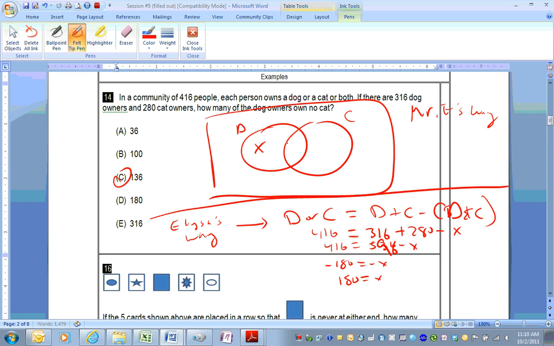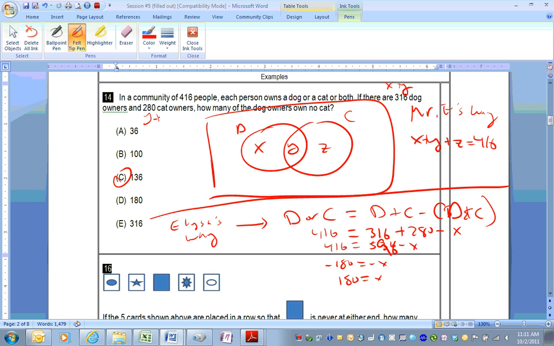I like to do this sometimes. Assign variables. X is dogs only, Z is cats only, Y is both dogs and cats. And of course, what all three have to add up to. How many people total? 416, right? X plus Y is 316.